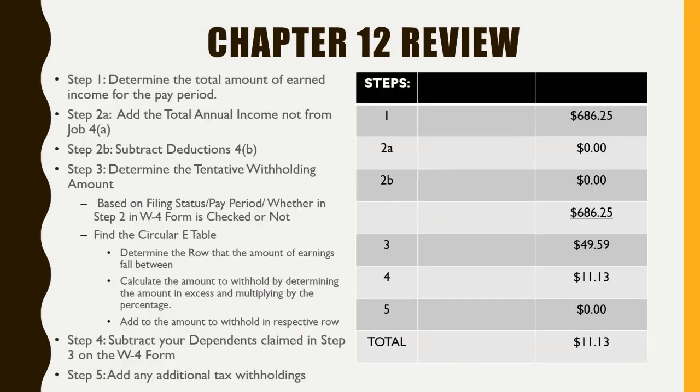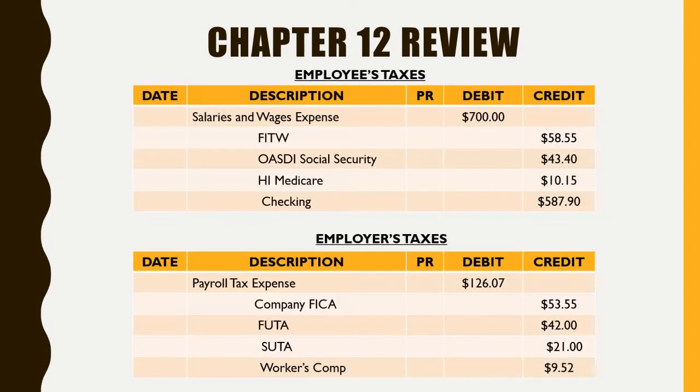Okay? So that concludes this here, right? This is just a recap to remember how to calculate the federal income tax withholdings. And these are the 2 journal entries that you need to know. When you're processing one individual person's paycheck, you need to do the first section, which is figuring out the employee's paycheck.